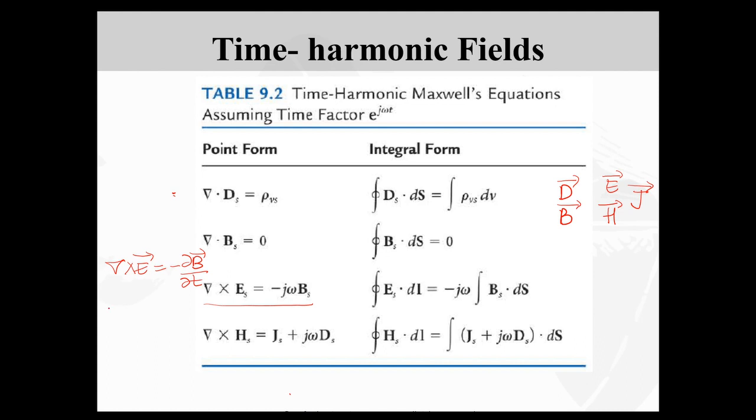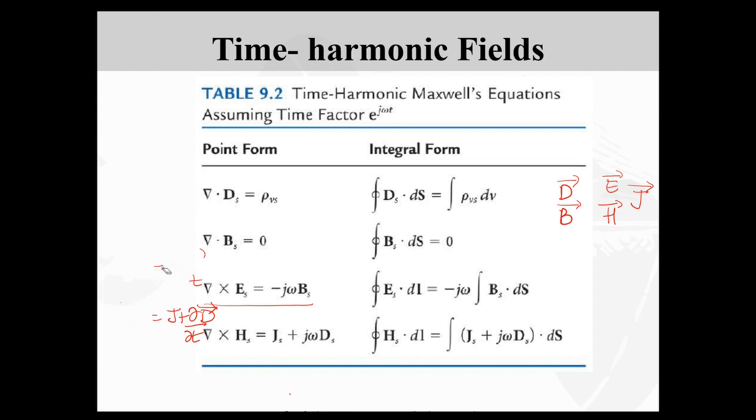And coming to Ampere's circuital law, del cross H is equal to J plus dou by dou t of D. This is what we know. So dou by dou t is replaced with j omega and D is Ds. This makes Maxwell's equations simple.